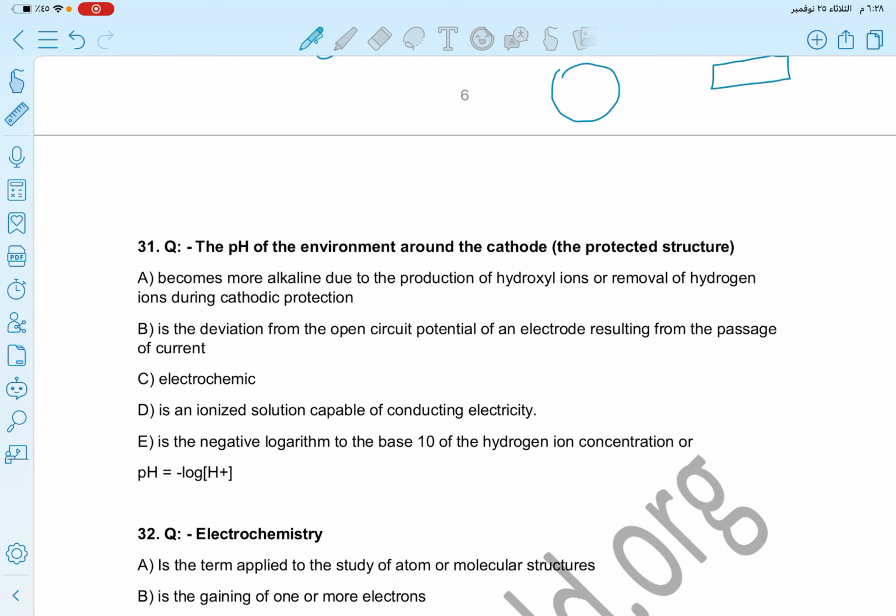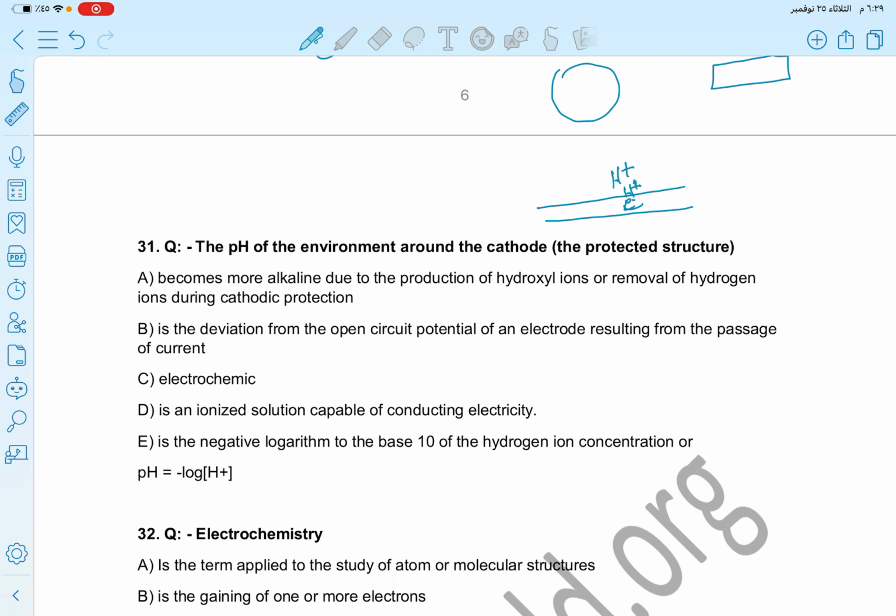Here, question number 31, the pH of the environment around the cathode. The cation, which carries a positive charge, will come to the cathode, and because the cathode has a negative charge, coming from the anode through the metallic path, the cation will be here.